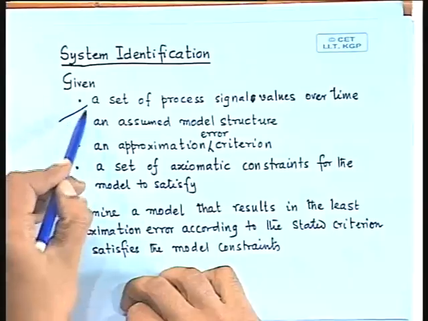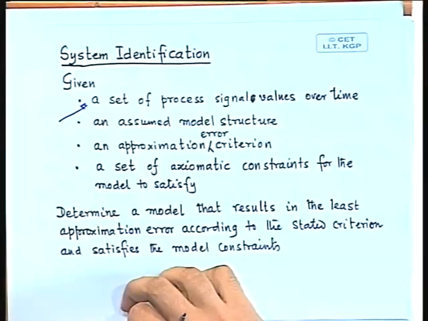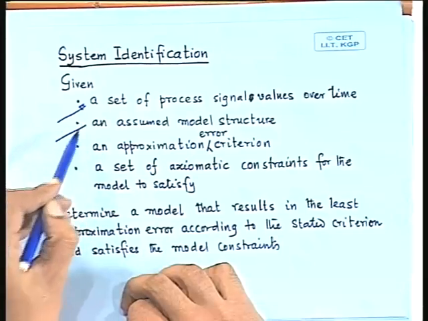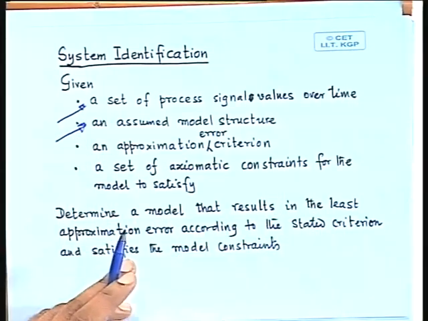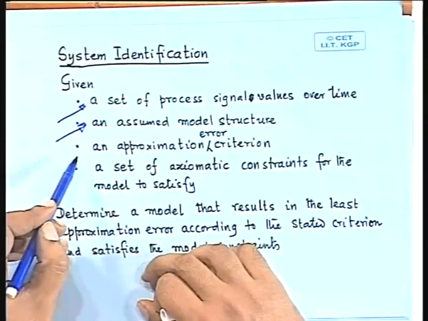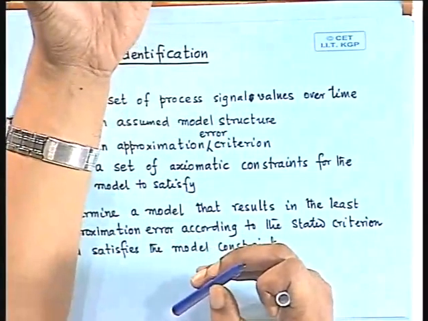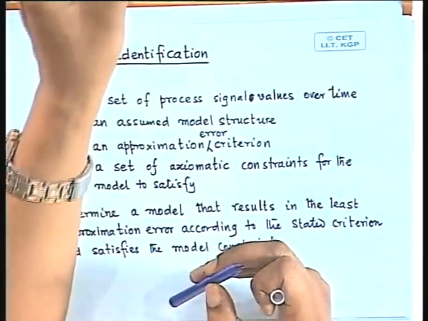So I'll stop just by defining what is system identification. Basically, given a set of process signal values over time, given an assumed model structure which could be based on so many considerations that we described today, now we have defined the bag. Now in that bag we have to pick a good model.